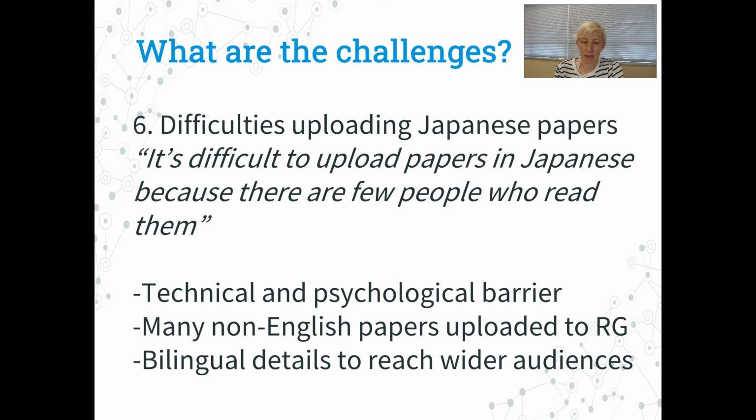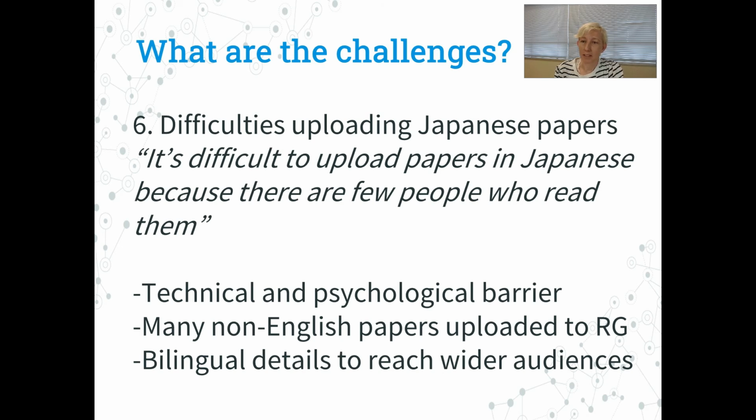But there are many non-English papers uploaded to ResearchGate, and the more people that upload in other languages will encourage others. So I would suggest not to worry about that. It is certainly something that is done and should be done more.